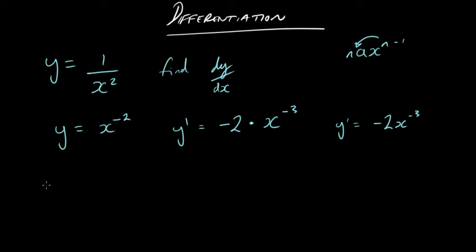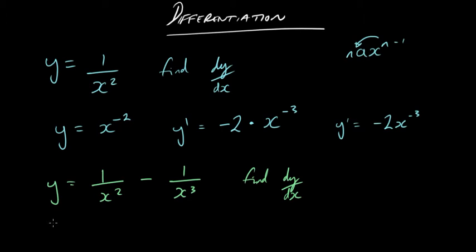Another example, if we've got y is equal to 1 over x squared, take away 1 over x cubed, and it says, find the first derivative dy dx. We'll do the same again, rewrite it so that you can recognize the powers. So y is equal to x to the minus 2, take away x to the minus 3. So dy dx is equal to, for the first term, minus 2 lots of x to the minus 3, because we took one off the power, then there's a minus sign.